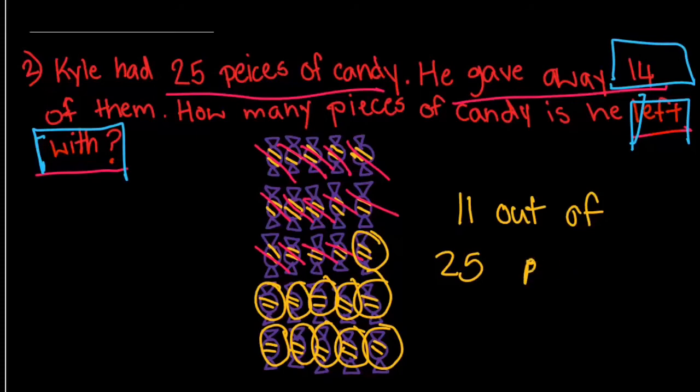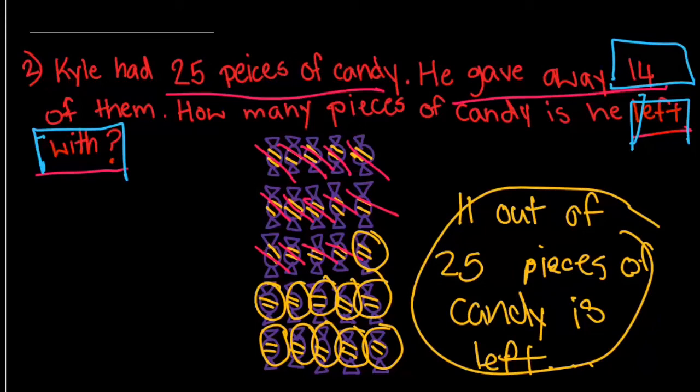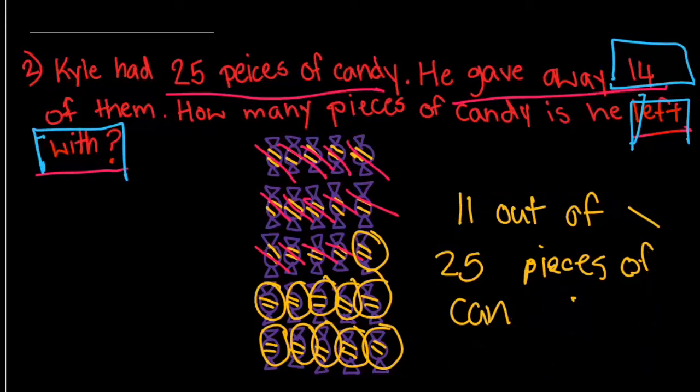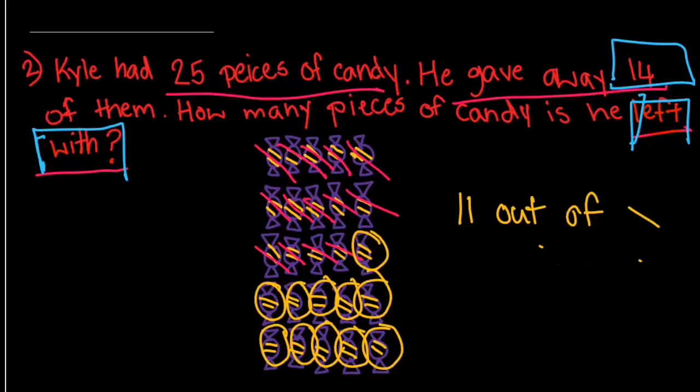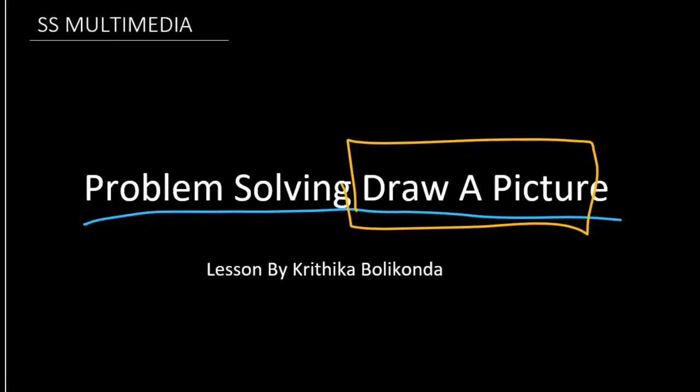So 11 out of 25 pieces of candy is left. I made 25 candies because the whole point of this lesson is to draw a picture and solve the problem.